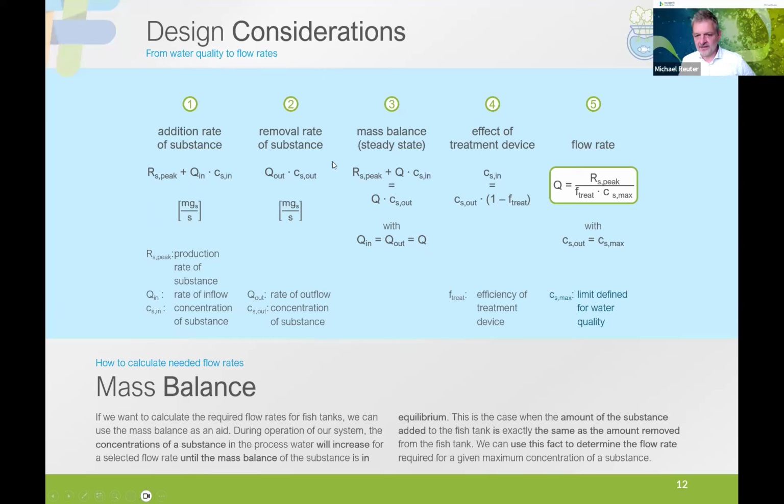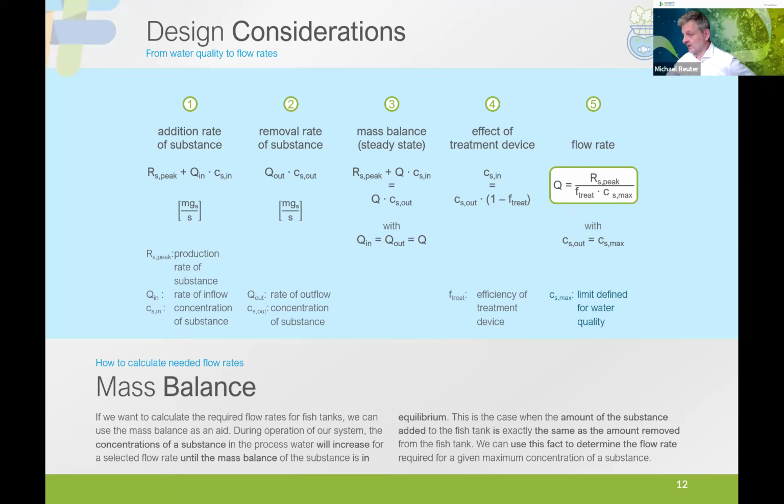And if we say these two terms have to be equal, and we know that what flows in flows also out, so the flow rates from the inflow and from the outflow are also equal, this comes down to the formula that we see under 5, that the flow rate that we need for a certain waste product is the peak production rate in milligrams per second divided by the efficiency of the treatment device for this product.